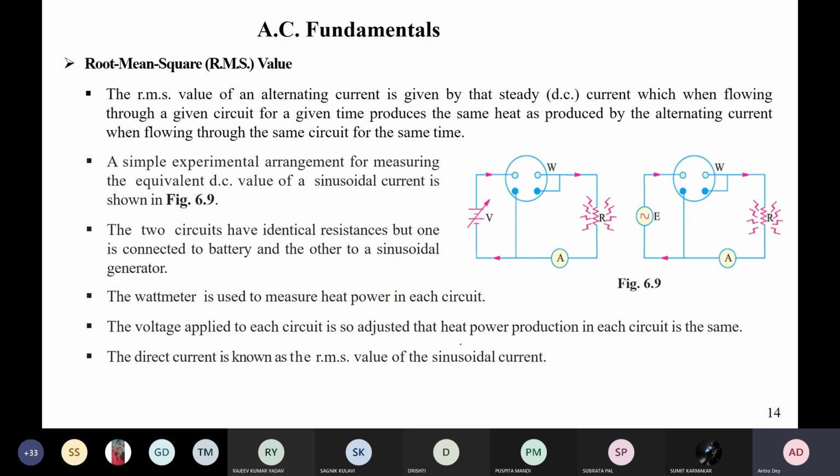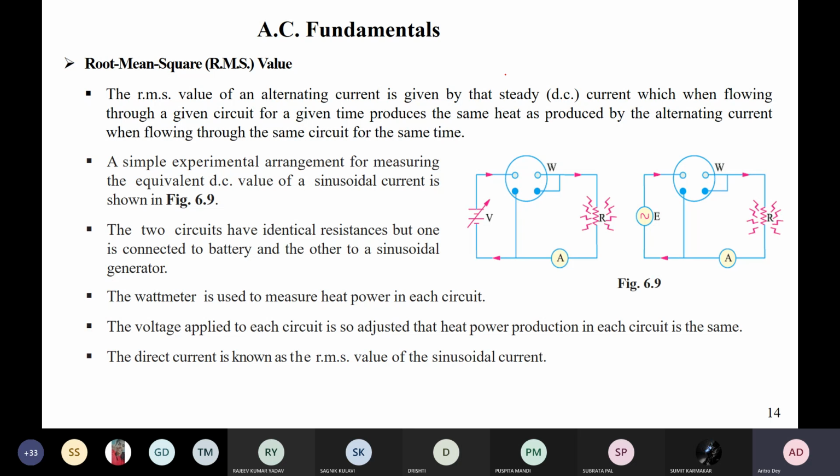Now let us come to the RMS calculation. What is the concept of the RMS value? In AC fundamentals, we get the effectiveness of the current, the effective current or effective voltage, which we can calculate based on the power consumption or the heating effect. How do we compare?